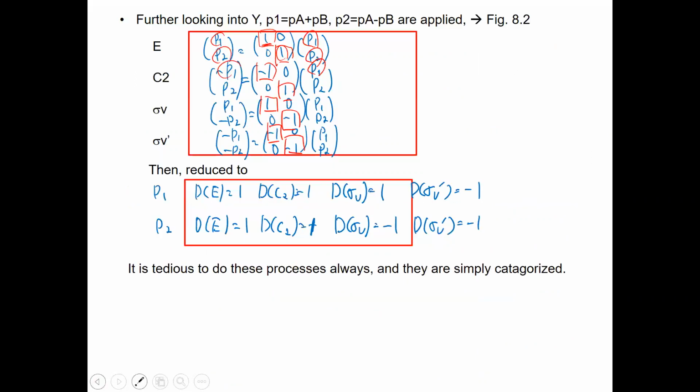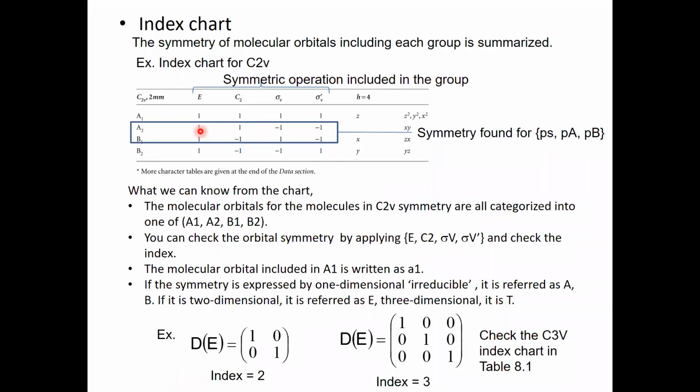And also, if you look at the P2 orbital, 1, 1, minus 1, minus 1, which is included in the 1, 1, minus 1, minus 1, it is categorized into the A2 symmetry of molecules.